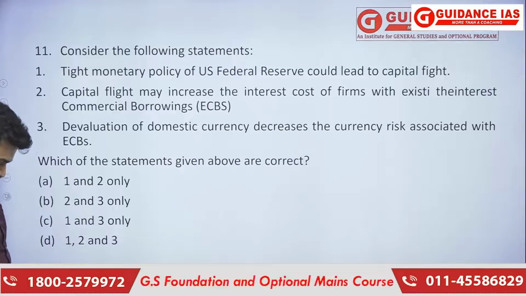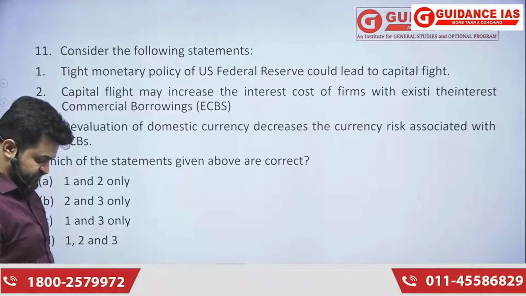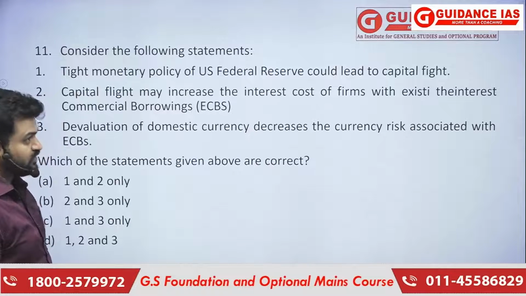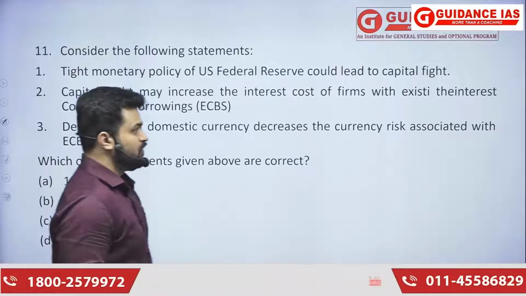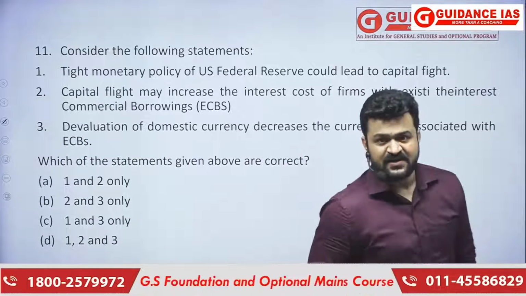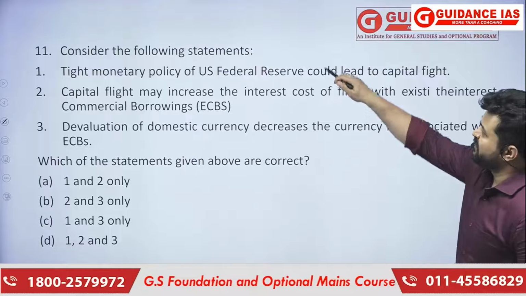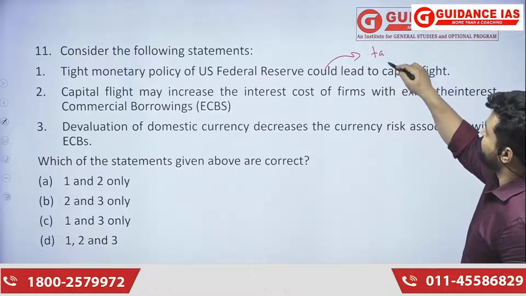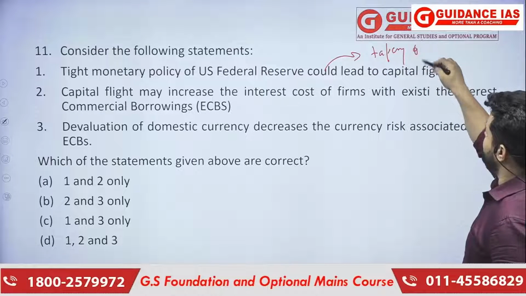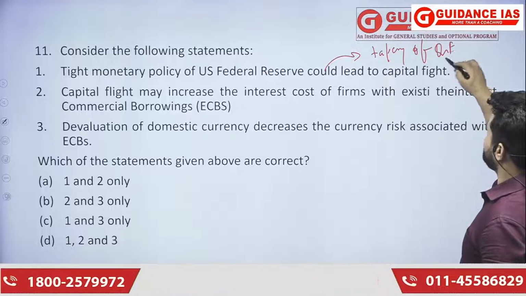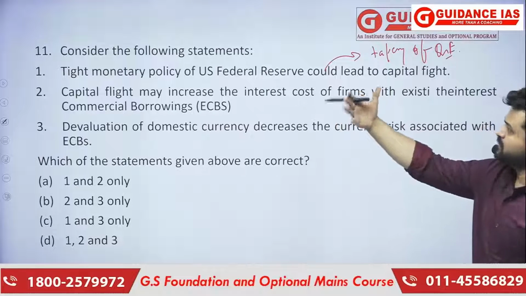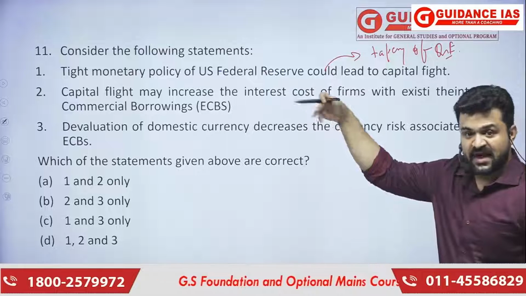Next, consider the following statements. Tight monetary policy of the US Federal Reserve could lead to capital flight. That is actually referring to a situation of tapering of quantitative easing, which is happening nowadays.